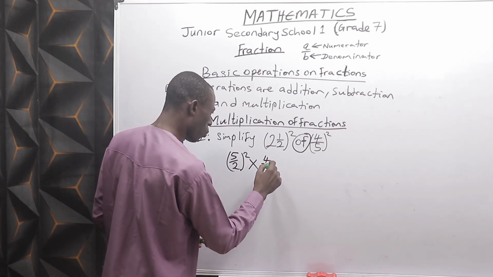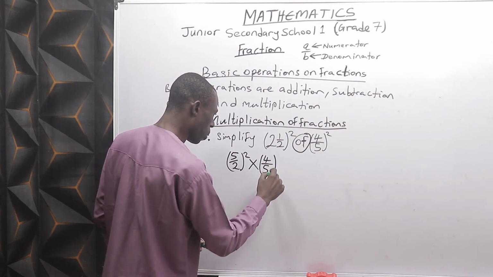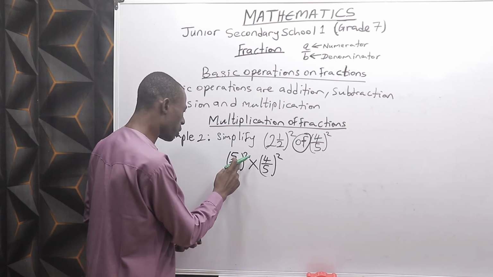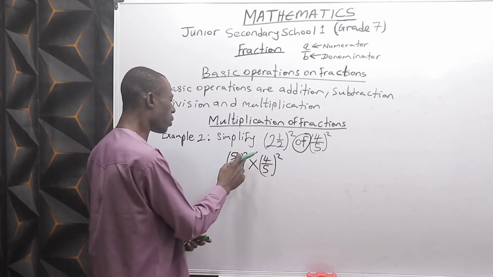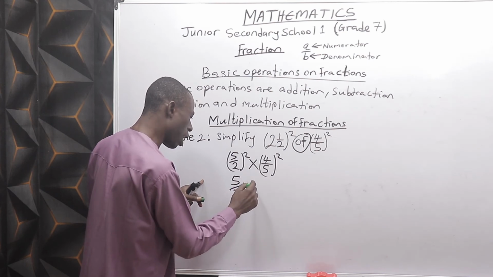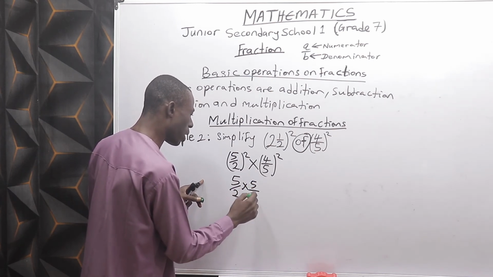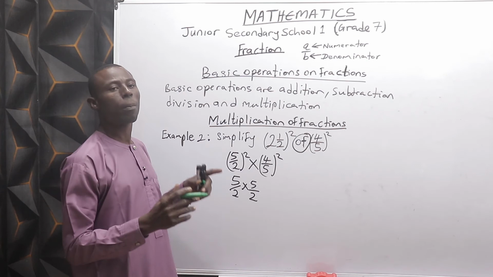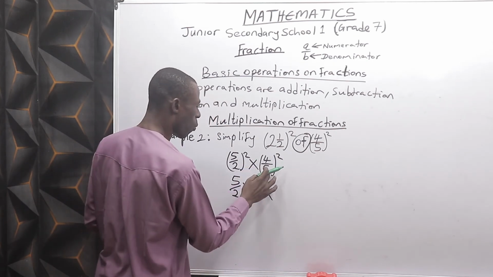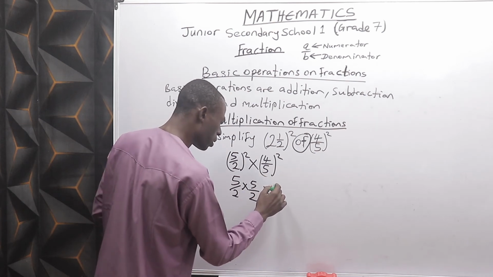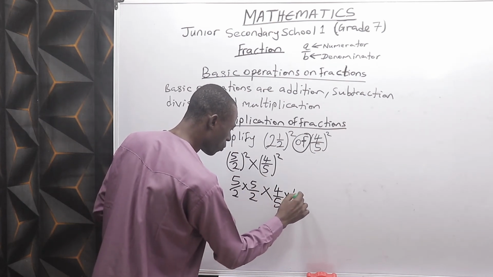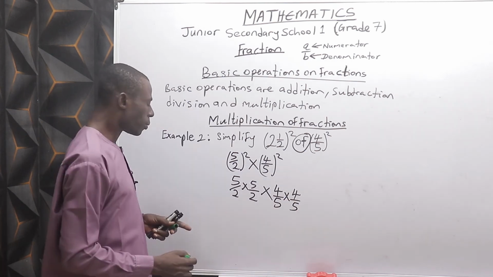Then 4 over 5 raised to power 2. So this 5 over 2 raised to power 2 means 5 over 2 times 5 over 2. That means 5 over 2 in 2 places, times 4 over 5 in 2 places is 4 over 5 times 4 over 5.